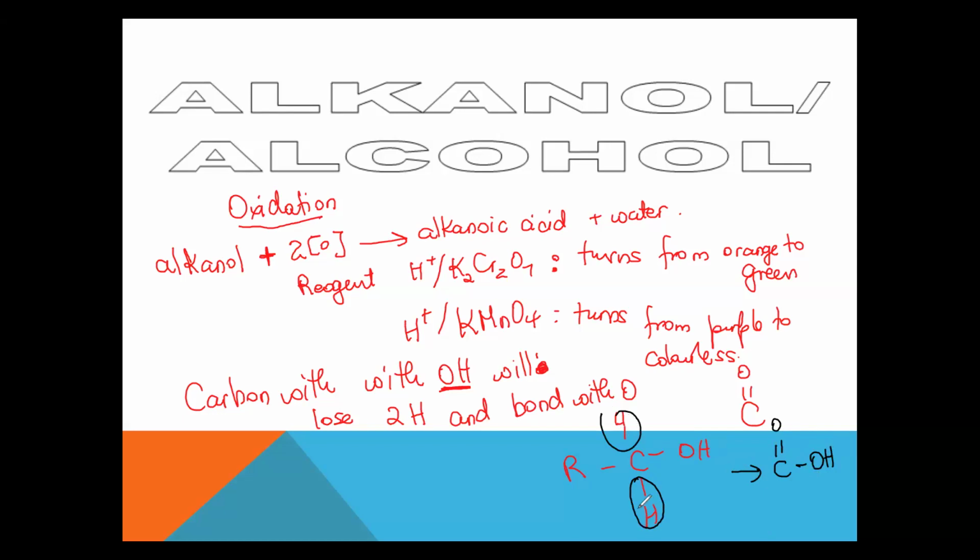Clear? And the H's will combine with one of these oxygens to form water. The carbon that has the OH also has two H attached to it. The carbon is going to lose these two H's and a C double bond O will form. Clear?